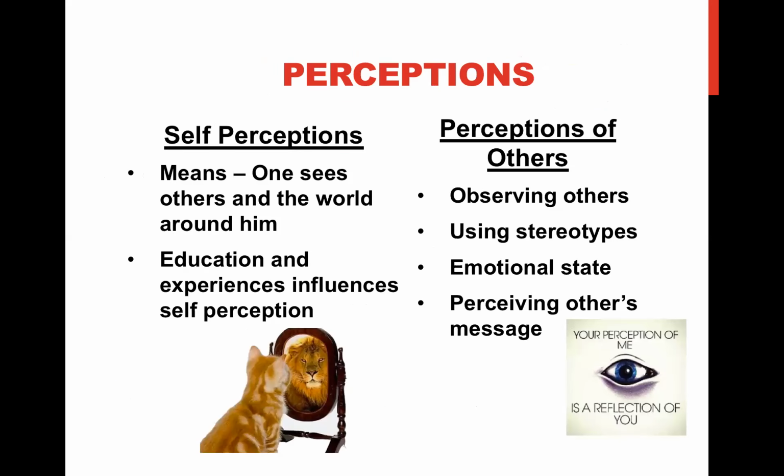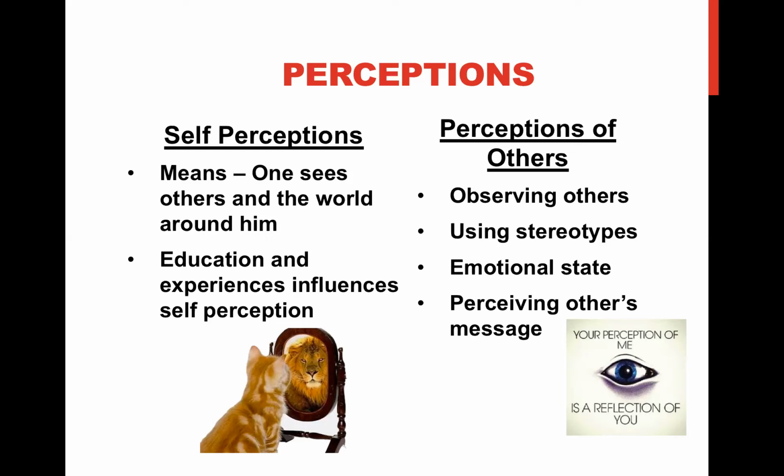Perceptions. There's a couple types of perceptions. Self-perceptions, obviously, are how you see others and how you see the world around yourself. Education and experiences influence your own self-perception. Perception of others is by looking at others. A lot of times we use stereotypes, whether we realize it or not. Our emotional state at the time matters too.